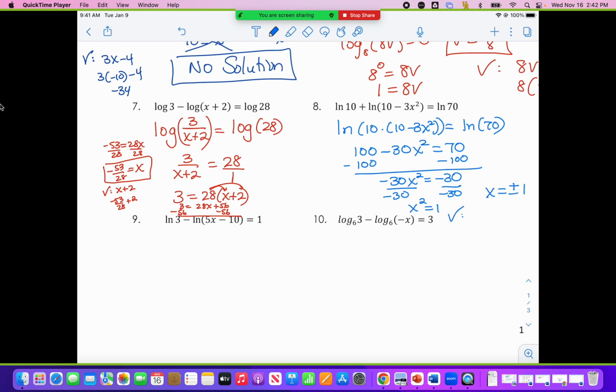Now I've got to go check 10 minus 3x squared. Well, I can mentally check that. 1 works and negative 1 works. So I need both answers. So don't forget about your quadratics from Algebra 1. When I get down to x squared equals 1, 1 times 1 is 1, and negative 1 times negative 1 is 1.